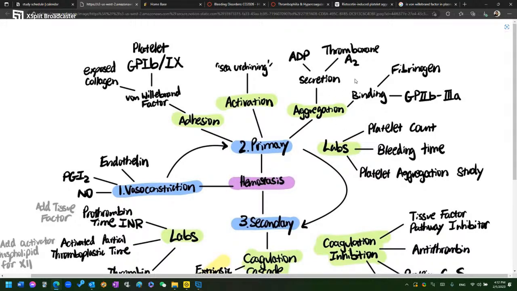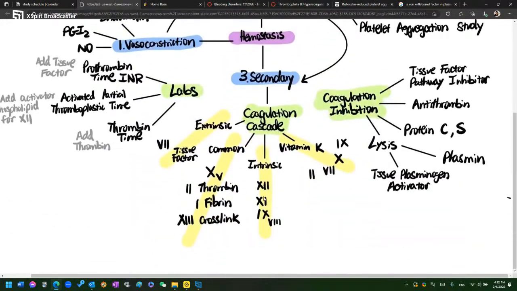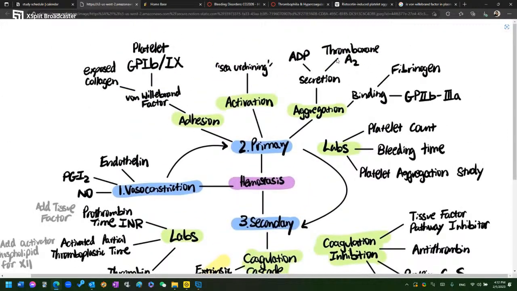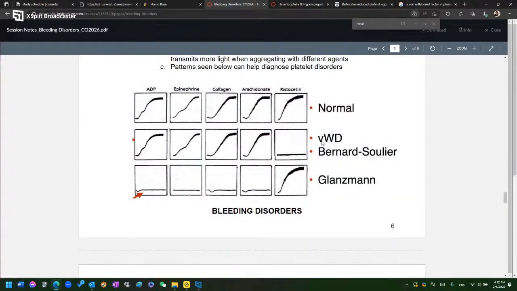But then aggregation is just not as good. So it's possible you do have your adhesion, right? But then your coagulation is able to finish the rest, even without good aggregation. So let's go back here. So this one has no adhesion.